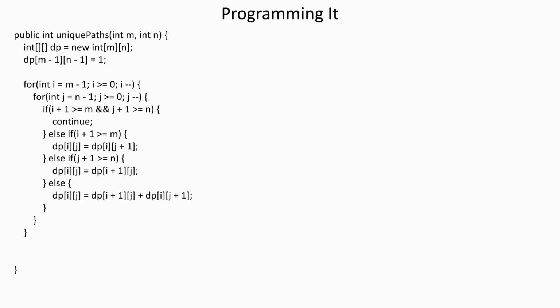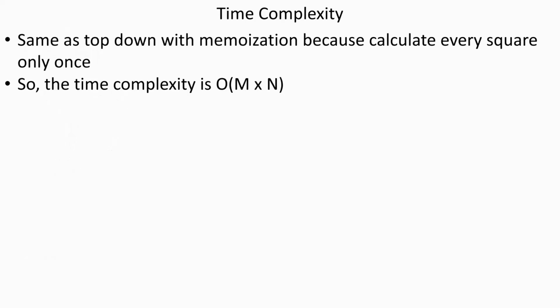If bottom or right is out of bounds, then we just do the other side. And if it's the last square, then we don't do anything because we already put that. And finally, we return the 0, 0 index. The time complexity is also m by n because you look at each square in the grid, and the grid is m by n.